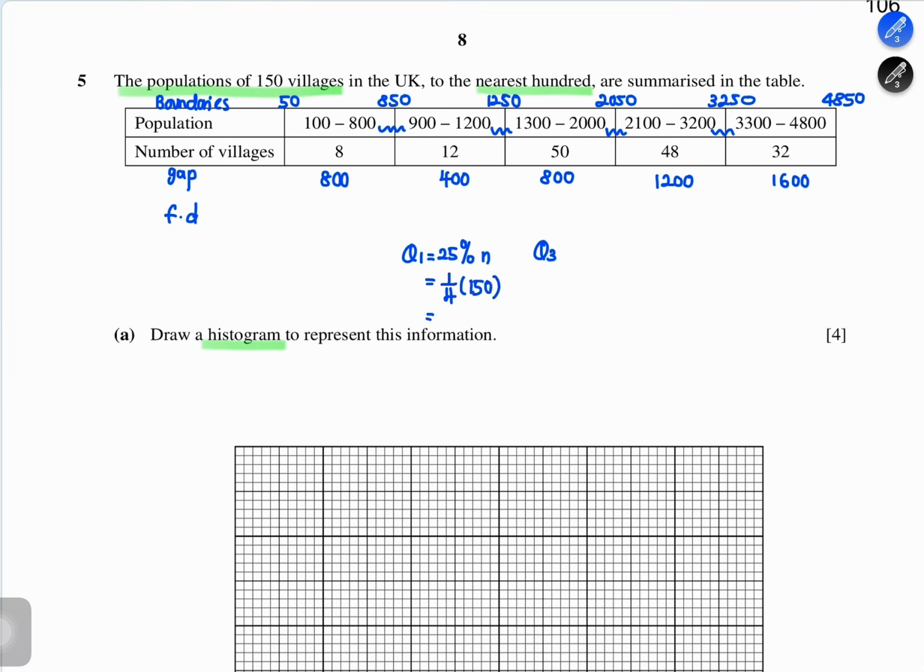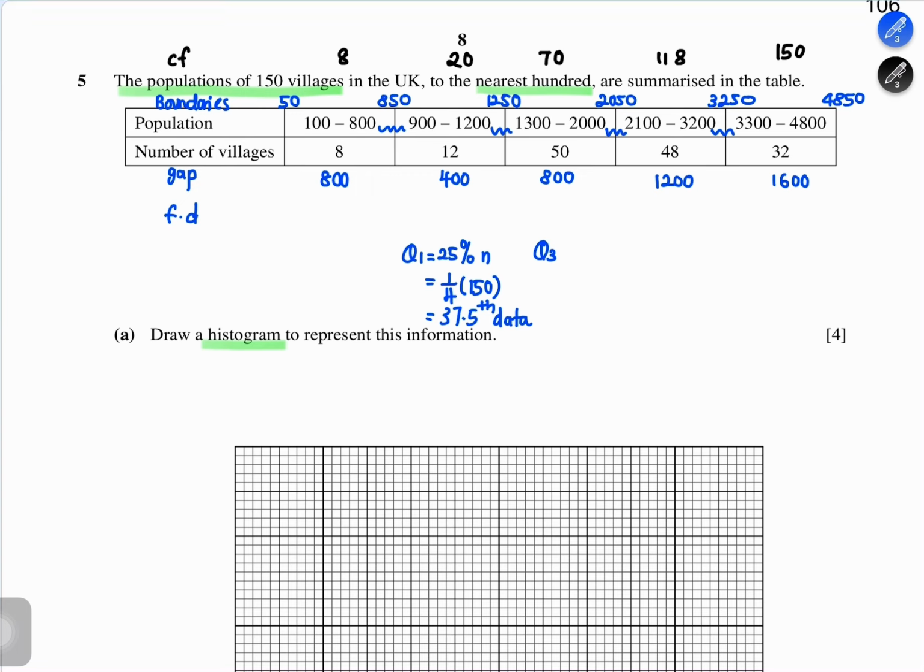So you're going to get the 37.5th data. You need to locate where this is. To locate the data, of course you will find the cumulative frequency. So what is my cumulative frequency here? 8 villages, 20, 70, 118, and of course it should total up to the 150.